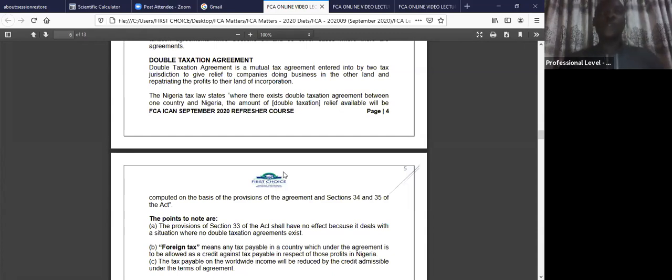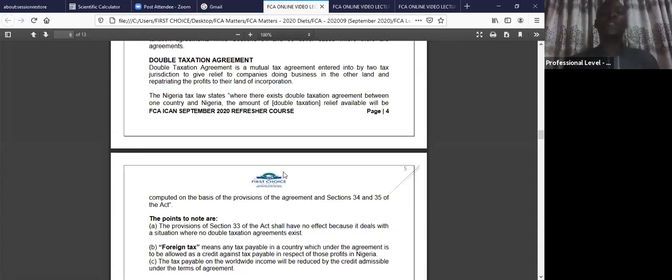Nigeria will now look at Glo's Nigerian books and also impose its own tax, say 30%. But why would they want to tax 30% again when South Africa had taken 25%? Is there any way they can cushion the effect so that Glo Nigeria will not end up paying 55% tax? Well, that is where the double taxation agreement comes in.